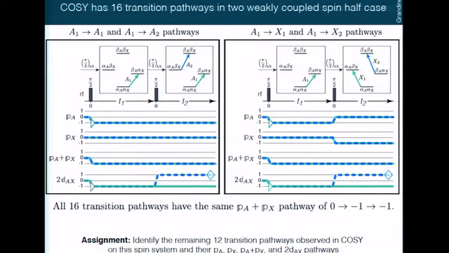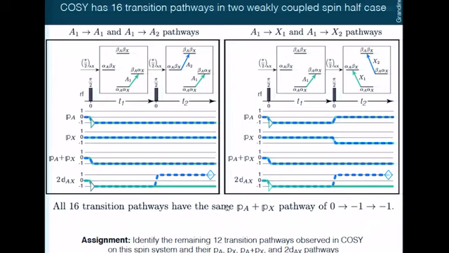So if I just looked at 4 of these, you can see that A1 goes to A1 and it can go to A2. I write down PA, PX pathways. I can write down PA plus PX because that's the one that's relevant for my phase cycling or my phase dimension. You can also see what the J coupling is doing in terms of what this D is doing. And here are the other 2 transition pathways too.